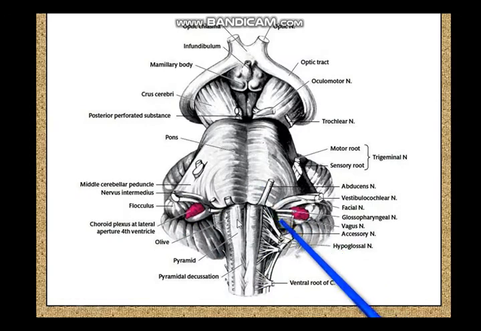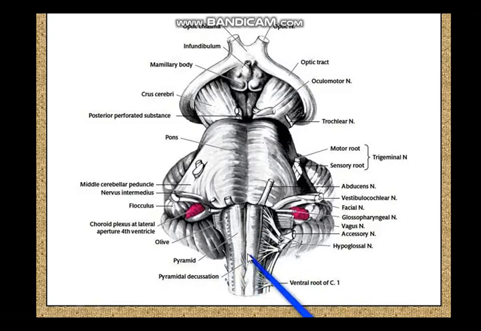Now if you come to the medulla, beyond the pontomedullary junction, this is the lower border of the pons, and on the ventral surface of the medulla you can make out in the midline the anterior median sulcus. This is continuous with the anterior median fissure of the spinal cord, and in this anterior sulcus you can make out that it is obliterated somewhere here. It is quite deep here, but when you come to the lower part of the medulla, it is obliterated by some crisscross fibers.